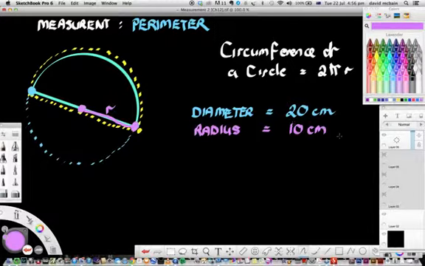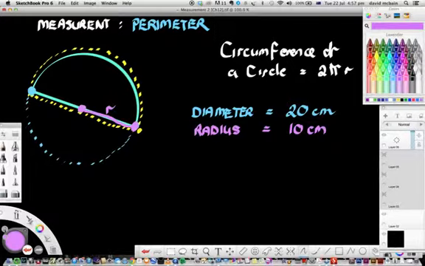Now we can work out the perimeter of this shape, because we need to work out the perimeter or the circumference of half the circle, and then add in this straight edge here.